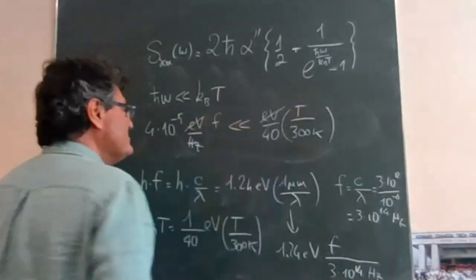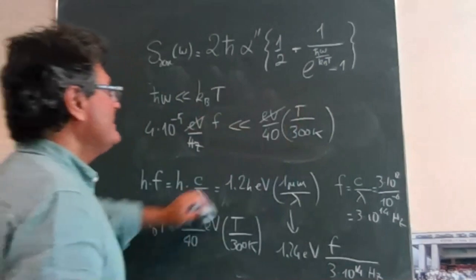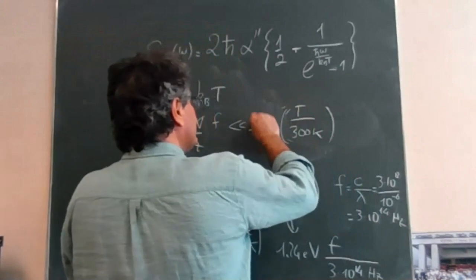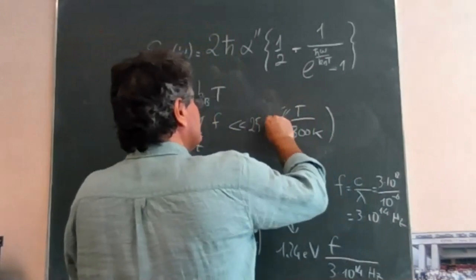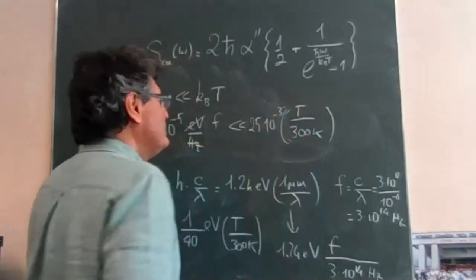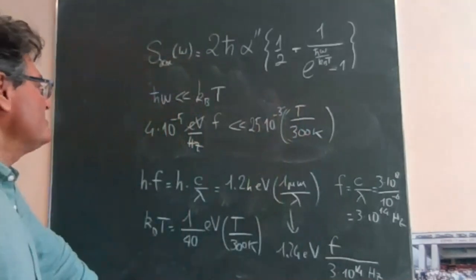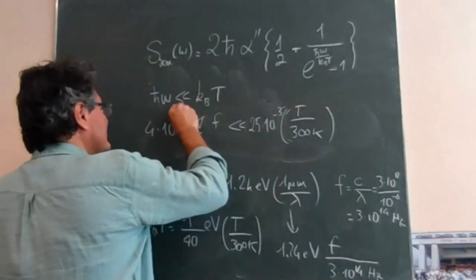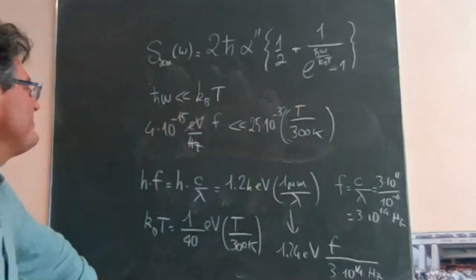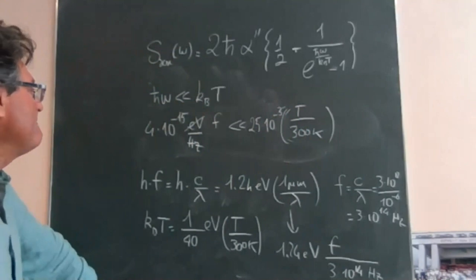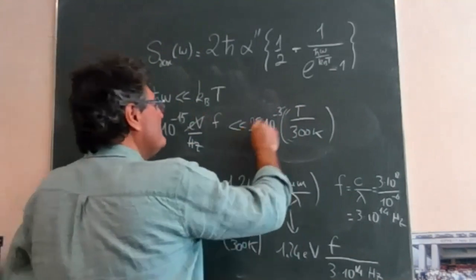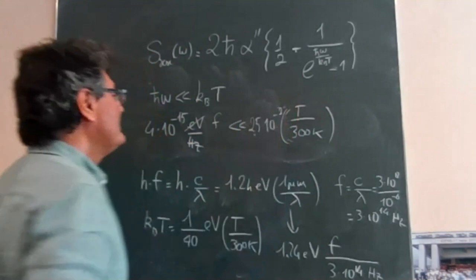Electron volt goes away. So here we are at 25 times 10 to the minus 3 electron volts, since this is 1 over 40, so 2.5 times 10 to the minus 2.